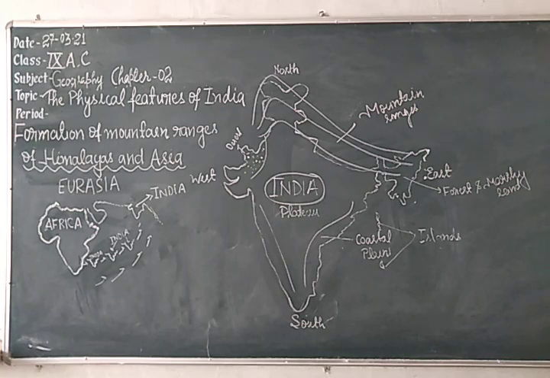Okay. After the upliftment of the Himalayas, now we can see the formation of a large basin. Now, over the course of time, year by year, this depression was filled with deposition of sediments which were brought by rivers like the Ganga, Yamuna and the three river systems of India.